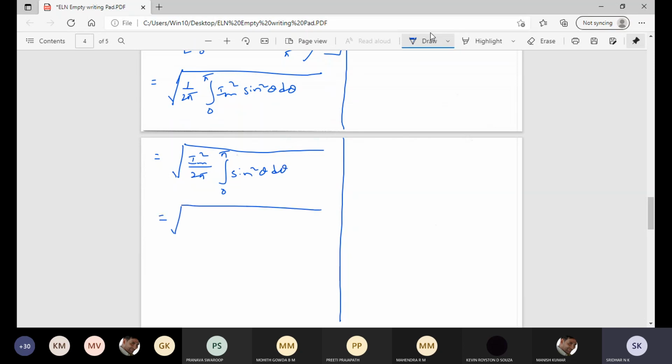So what is sine square theta? It is 1 minus cos 2 theta divided by 2, correct? Am I right?